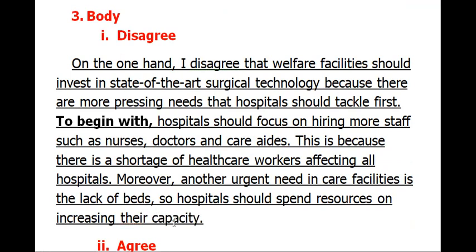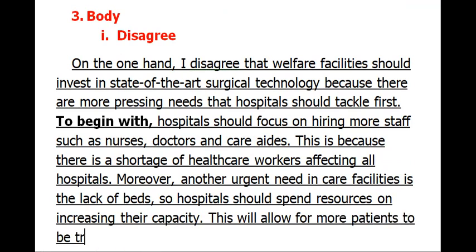So that's our main point. And then we're going to add developing sentence 1. This will allow for more patients to be treated.